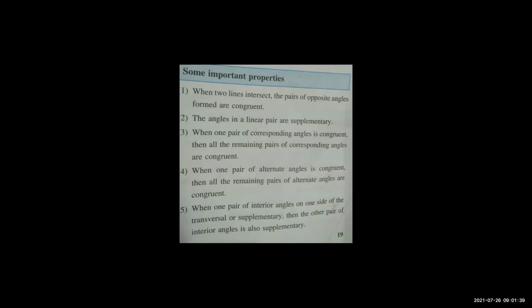Now, a linear pair is supplementary. Which are the linear pair of angles? A pair of adjacent angles formed when two lines intersect. Adjacent means angles next to each other. If that is one line and this is the intersecting line, then the angles formed here, this angle and this angle, are a linear pair of angles.